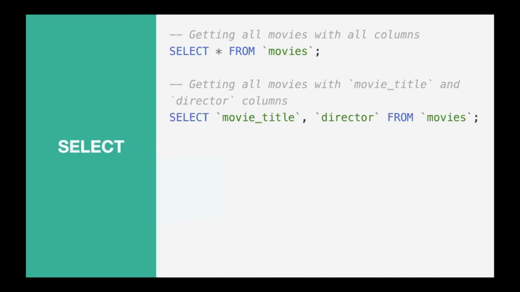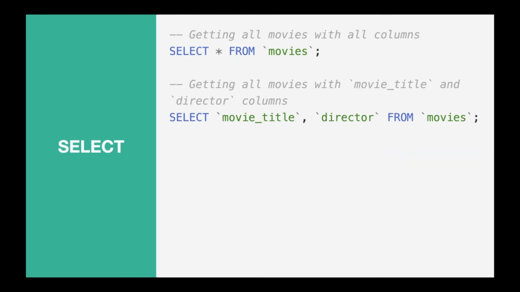So here is an example of a query. Right here is the actual query. Again, the select keyword. This is how we retrieve. Anytime we want to retrieve data, we will use select. Now this asterisk is a little shorthand, and it refers to retrieving all columns. So we want to retrieve all the columns from the table.